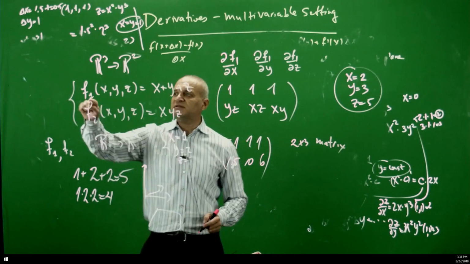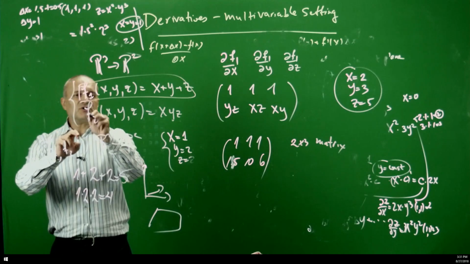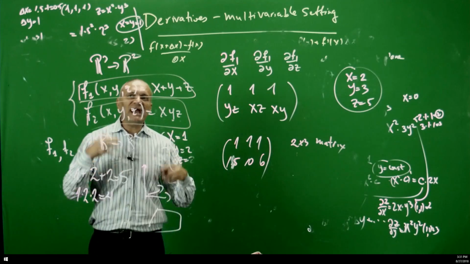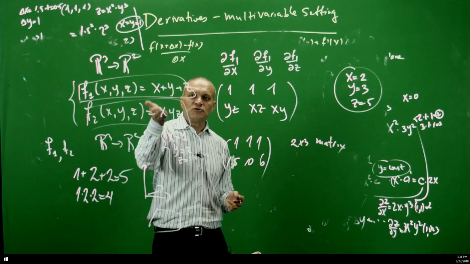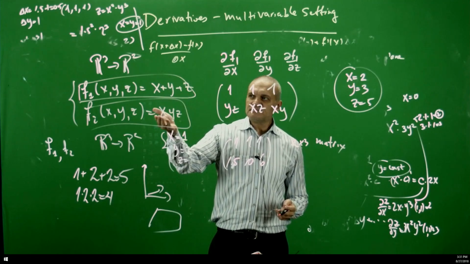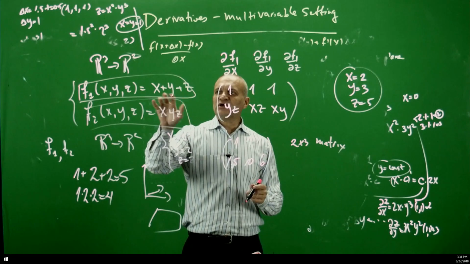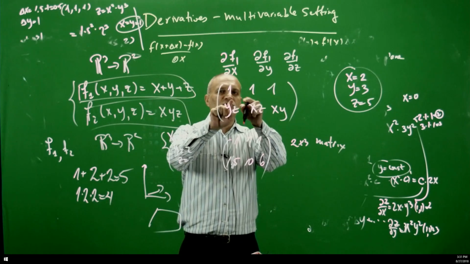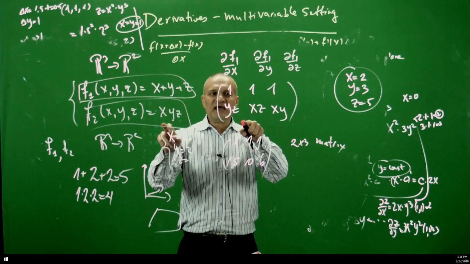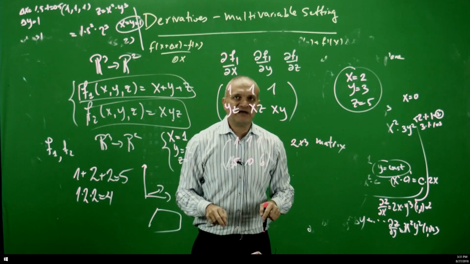Where is it coming from? It's coming from the fact that this guy is a vector and this guy is a vector. Geometrically, you can think about those two guys as defining a plane. Note that this vector defines a plane.